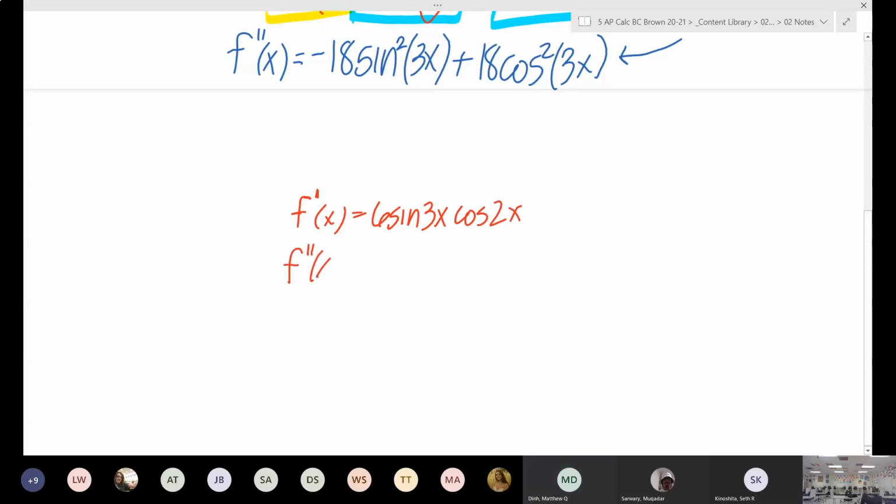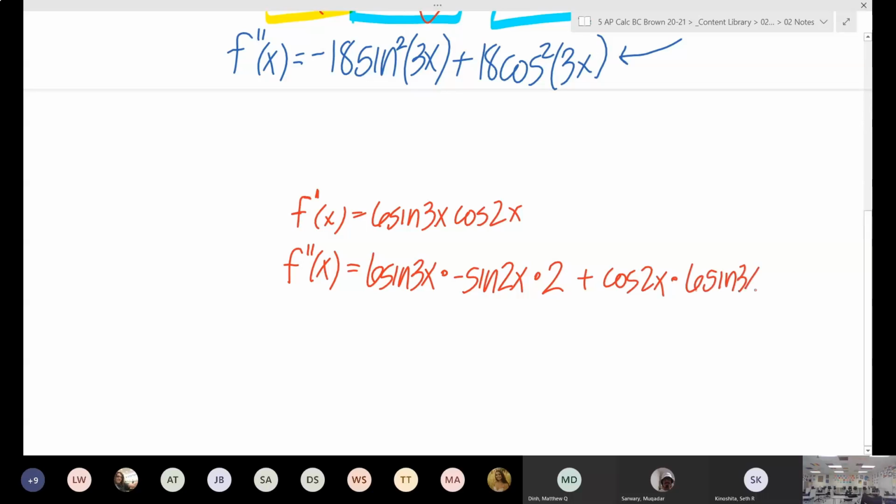So if I wanted to find the second derivative of this one, I have the first times the derivative of the second, so that'll be negative sine of 2x times the derivative of 2x, which is 2, plus, and then I have the second times the derivative of the first, so the 6 comes across, sine of 3x, the derivative of 3x is 3.